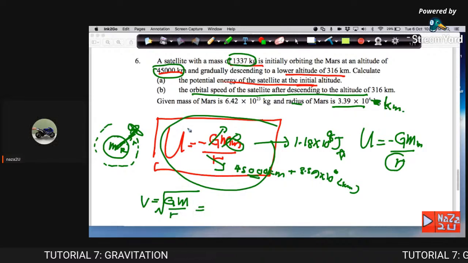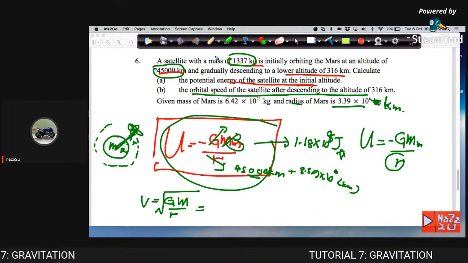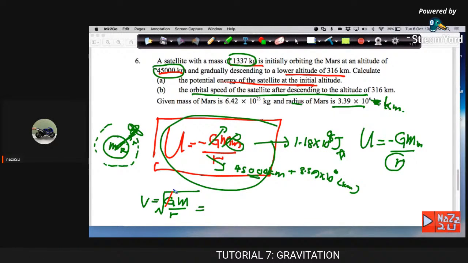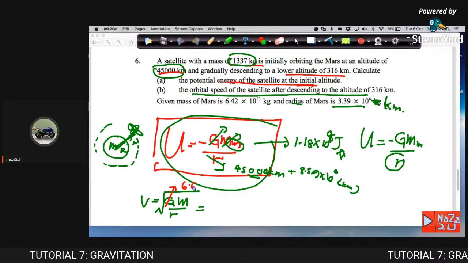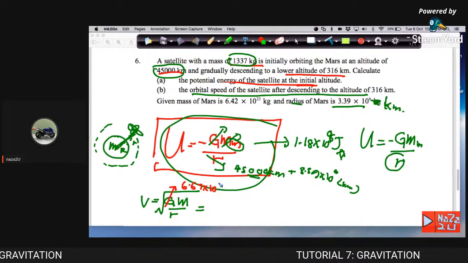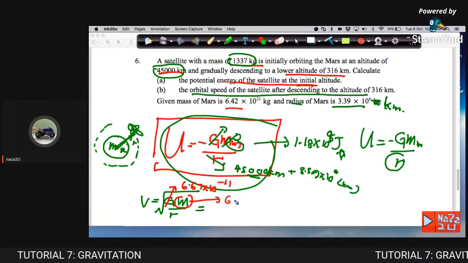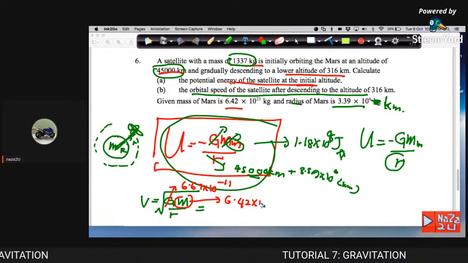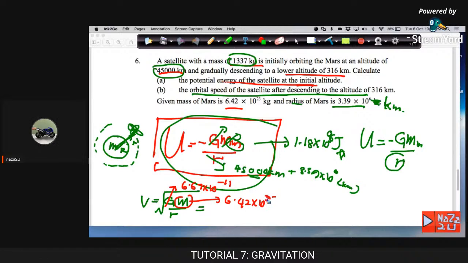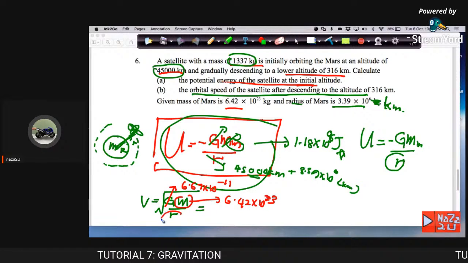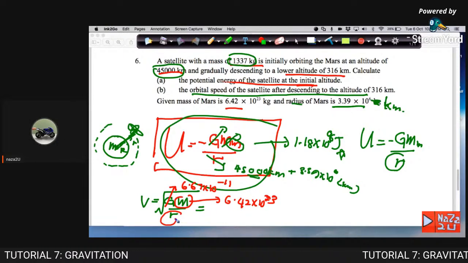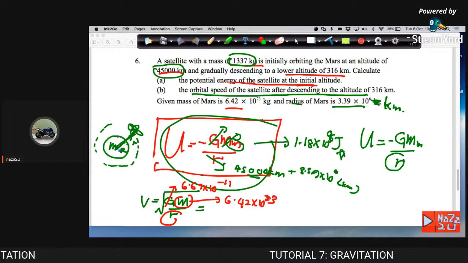So G here is the constant 6.67 exponent minus 11, and the mass of Mars is 6.42 exponent 23, but the radius here is the distance from center.